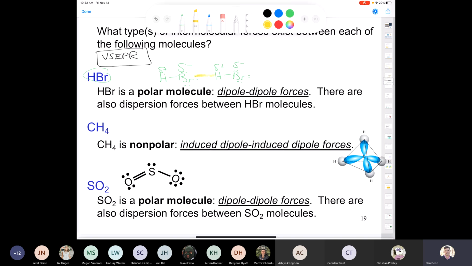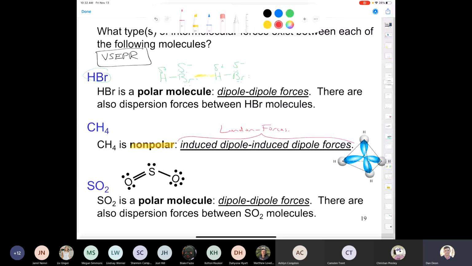If I draw methane, methane is nonpolar because carbon-hydrogen bonds don't have a dipole. And so they're only going to be held together by induced dipole, which is the exact same thing as London forces. And if you're like, well, come on, Mr. Dion, you've got like 3 ways of describing everything, I'm sorry, but that's the way it is.